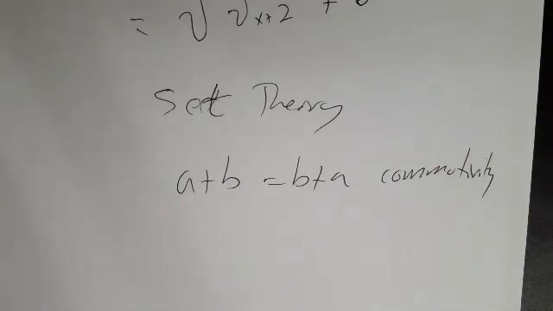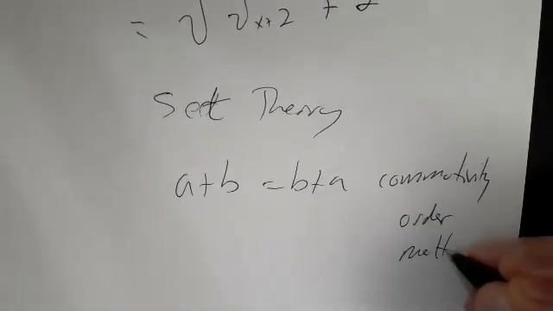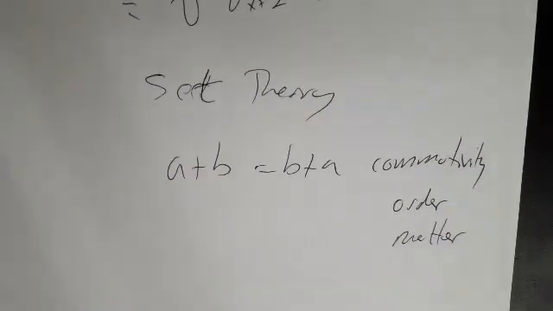Yes, commutativity is another way to say order matters. So is that a commutative operation? Does order matter when I put on my underwear and pants? Absolutely. If you put on your underwear and then your pants, you're going to look pretty normal. If you put on your pants and then your underwear, you're going to look like Quailman.